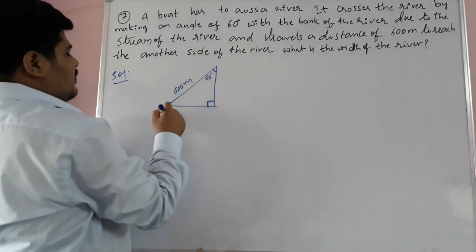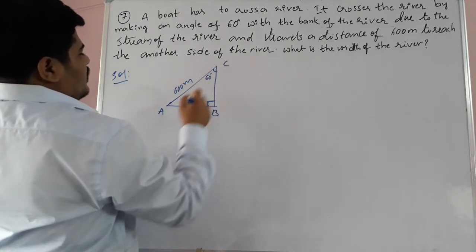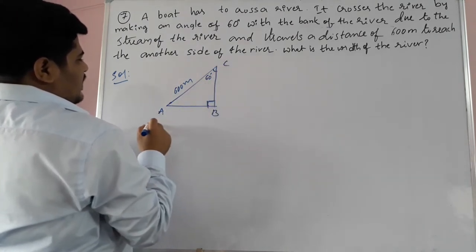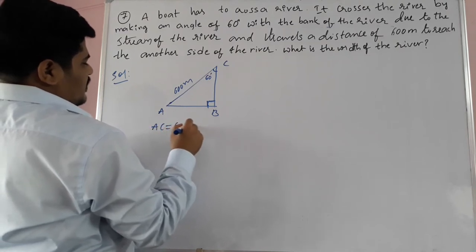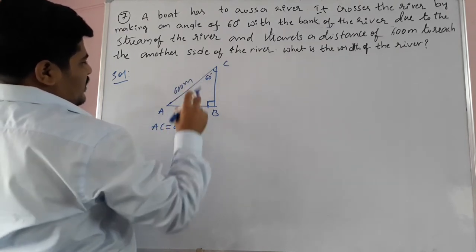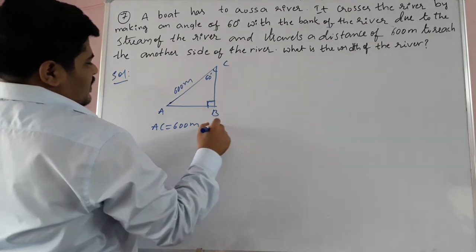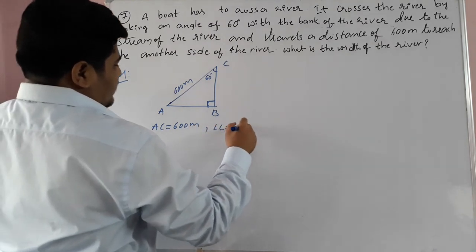Here name it as ABC. So students, in this triangle ABC, AC is equal to 600 meters. This AC is also the hypotenuse of the triangle, and angle C is equal to 60 degrees.